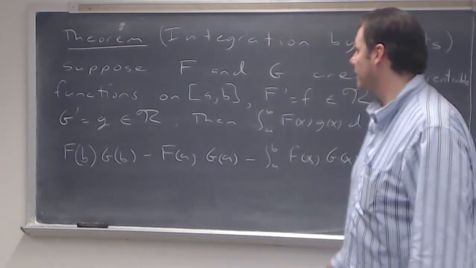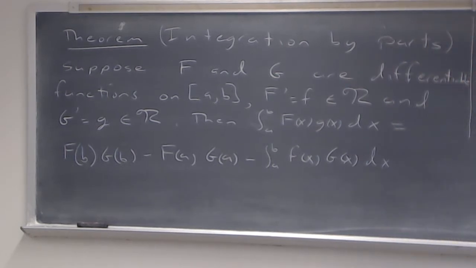Okay, let's start off with the integration by parts theorem, and here it's written behind me. It says, suppose F and G are differentiable functions on [a, b], and the derivative of big F is equal to little f, and that derivative, little f, is Riemann integrable, and the derivative of big G, which is little g, is also Riemann integrable.